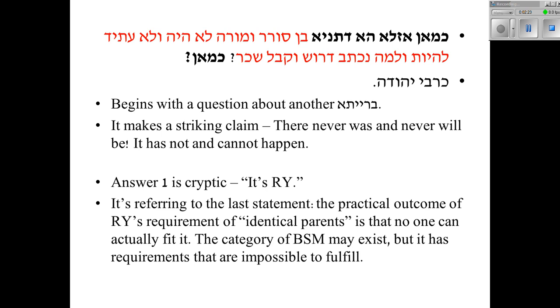Kiman az lahadatanya. The Braita that follows is the subject of this discussion. I know this Braita. I want to know whose view it represents, because there's no name attached to it. Okay, that's my question.